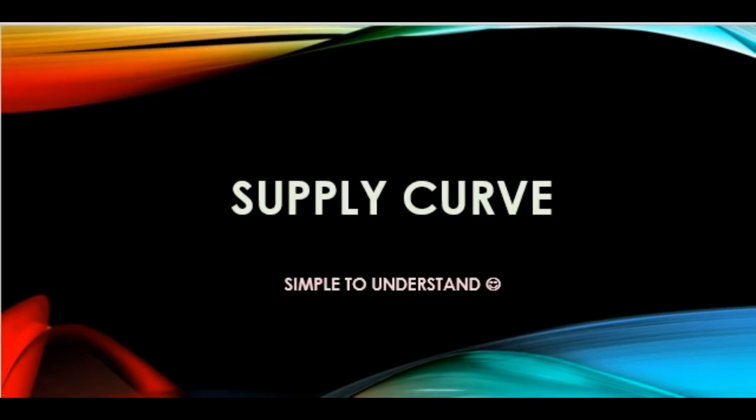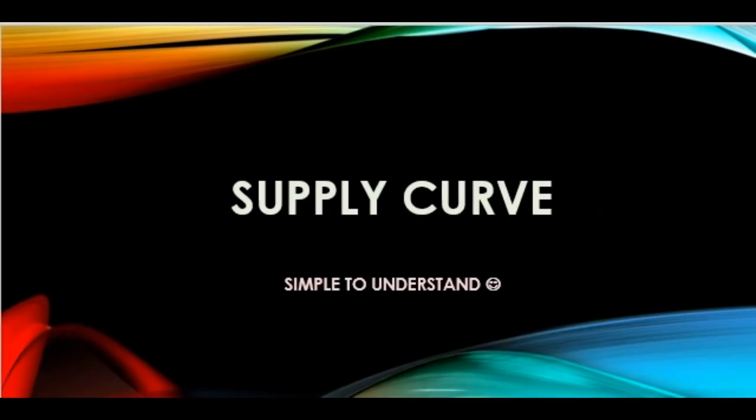So generally, what is the law of supply? How does it look? The general law of supply is, if you hold everything else constant, generally an increase in price causes an increase in the quantity supplied. So let us take an example and see how it works.